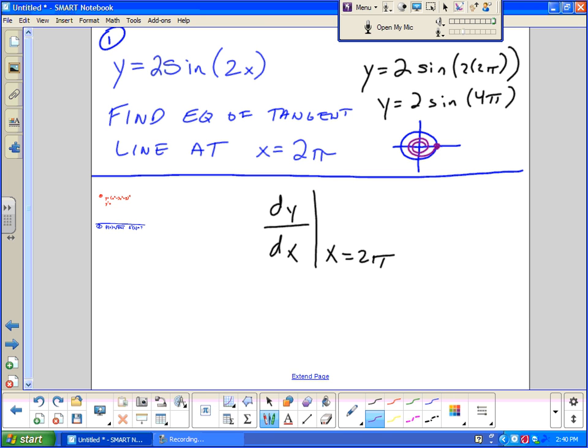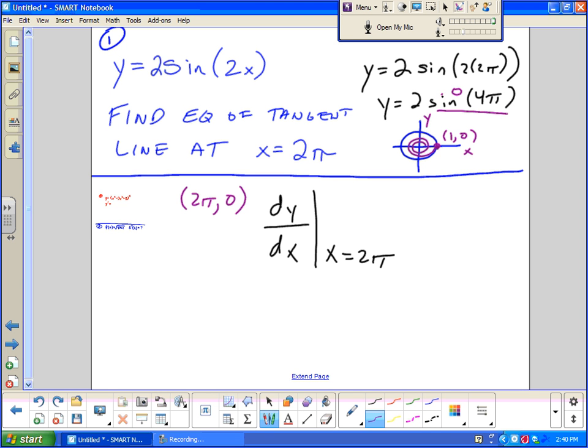And we know we end up on the coordinate which is 1, 0 on the unit circle. So we know the x value is 1. We know the y value is 0. Sine is, therefore, 0. 2 times 0 is 0. So I know my ordered pair on the first one is 2 pi, 0.